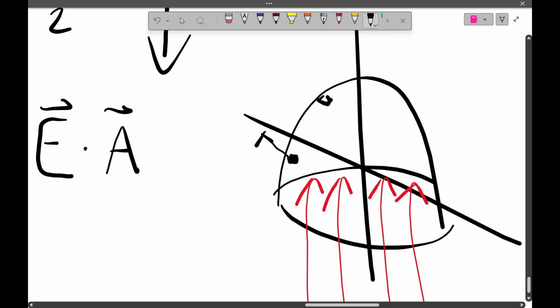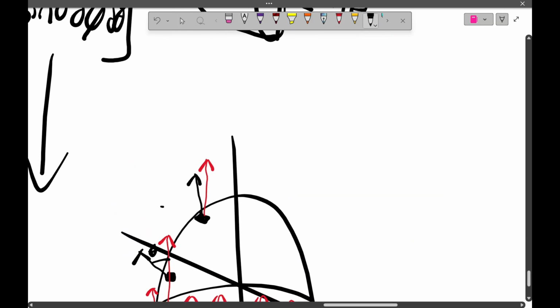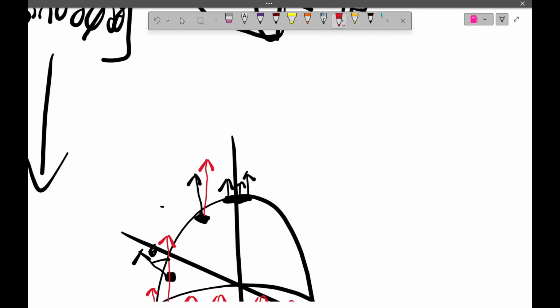This section right here is up that way. And this section directly on its side is out that way. Here, the angle between that area vector and this flux line is 90. Here, it's somewhere in between, just another theta. And here, it's even closer to being aligned. And at the very top, the area vectors of this hemisphere and the flux lines are essentially almost fully aligned.